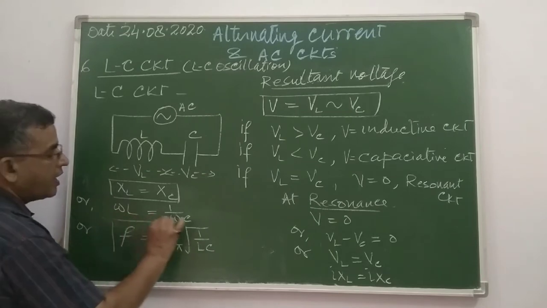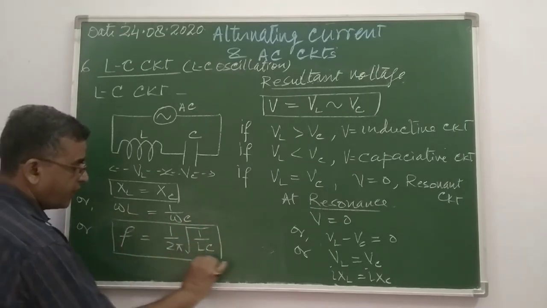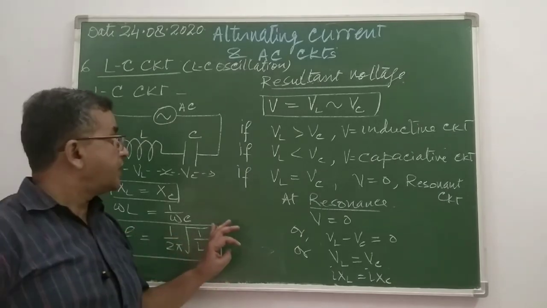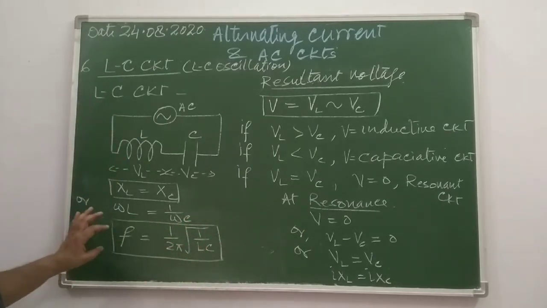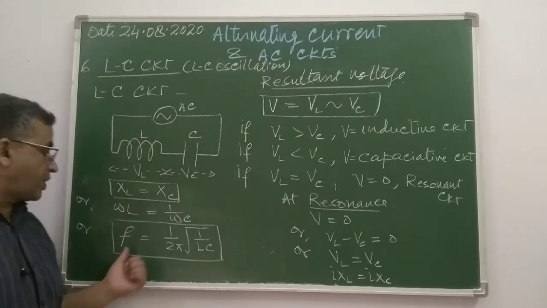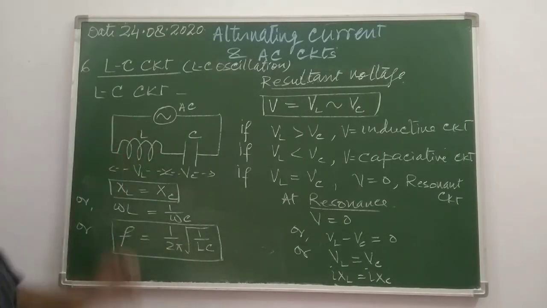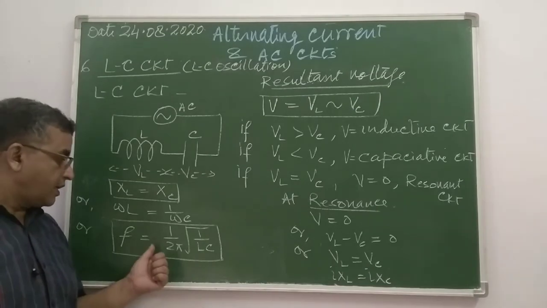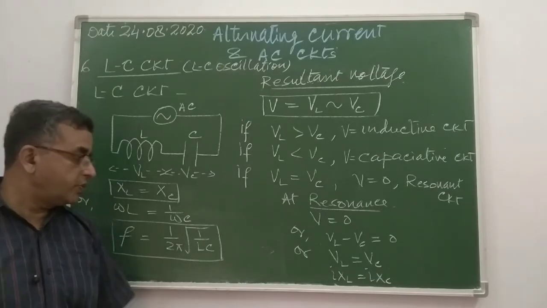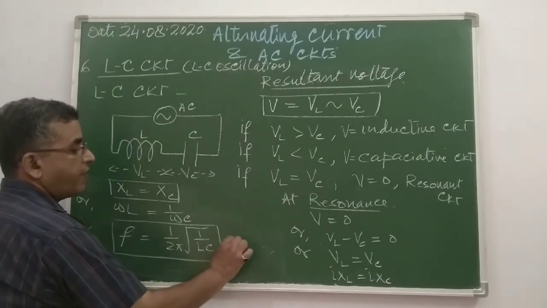So this is the frequency of resonance. In this case, the resultant voltage will sometimes be with phase difference plus pi by 2, or sometimes with minus pi by 2.